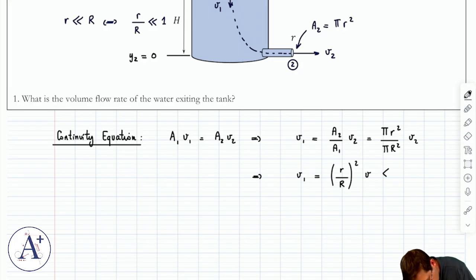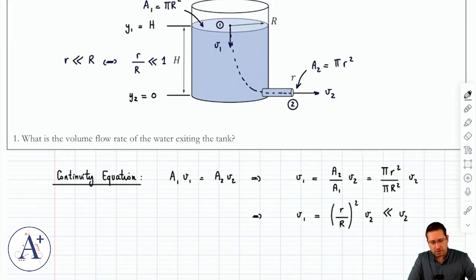This whole thing here is very small in front of 1. It was already the case because of little r over big R, but if you square it, it gets even smaller. So this V1 is going to be very small in front of V2.